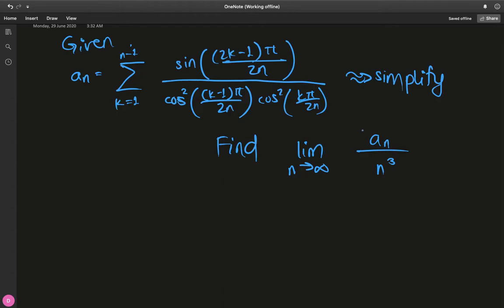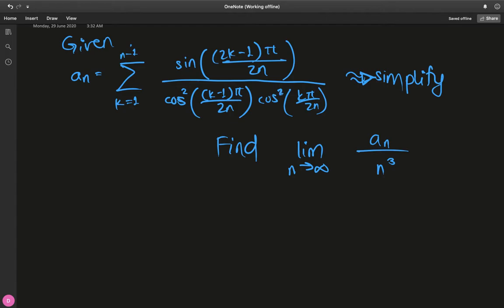It could be a sine, cosine, or anything divided by n cubed, so that you can calculate this limit properly. So the first step to solve this problem is to simplify this a sub n expression.